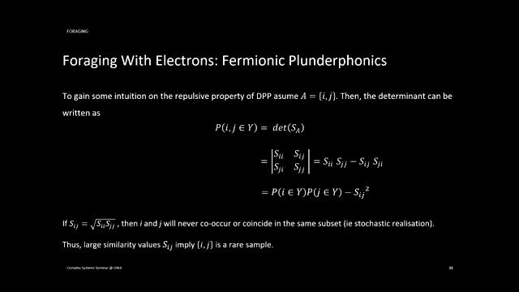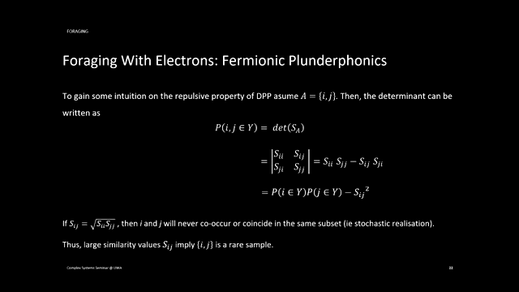And then the other part is the ones that are not the same, right? So when I and J are different, a large similarity between the values will imply that this will be rare.